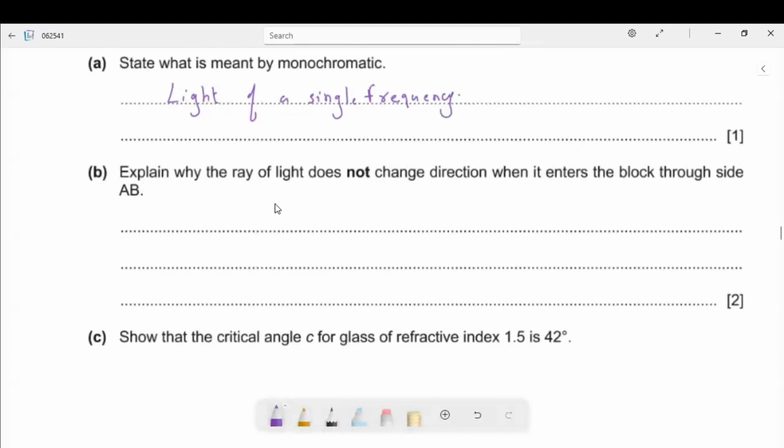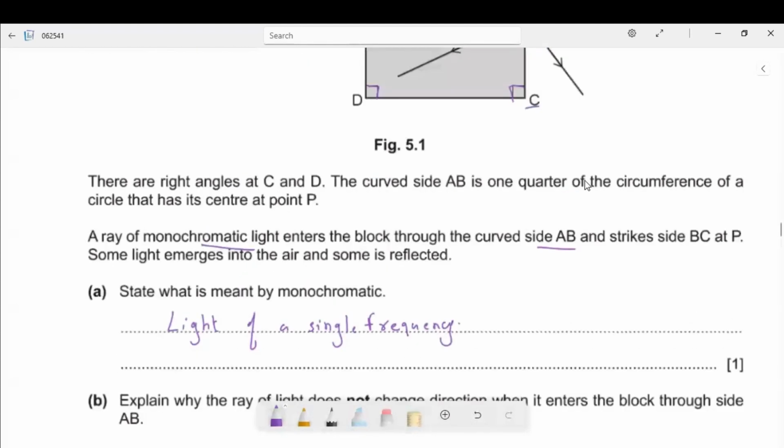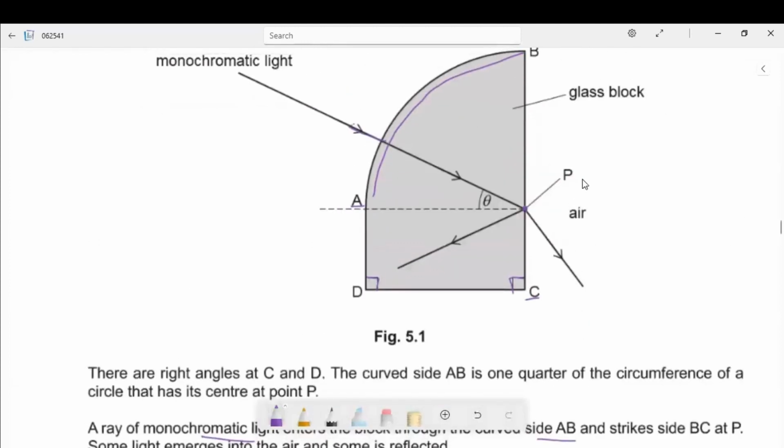Explain why the ray of light does not change direction when it enters the block through side AB. Here the ray is incident along the normal. It is along the normal, and the angle of incidence and angle of refraction are 0, or there is no angle of incidence and angle of refraction.